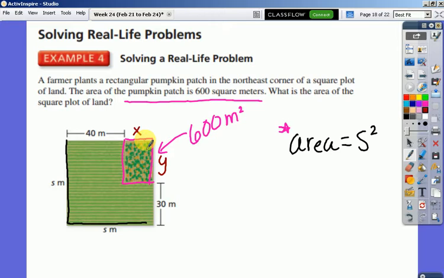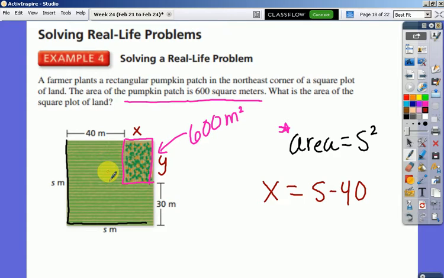Okay. So, but I know the entire side is s, right? So can't I just say that this piece that I'm looking for is s minus 40? Yeah? Then if I take this entire side, I subtract the 40, won't I be left over with this?